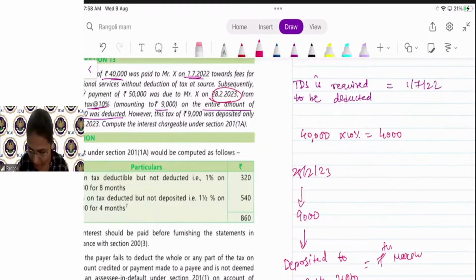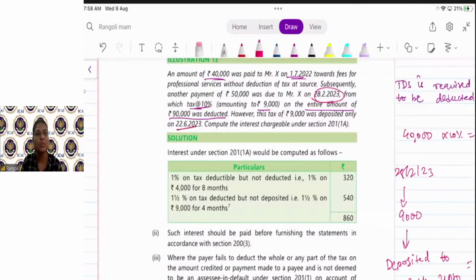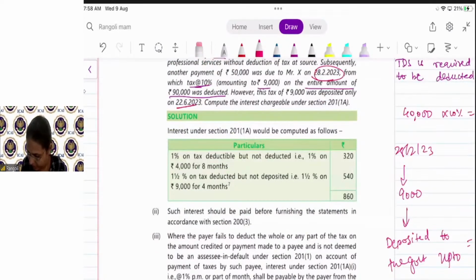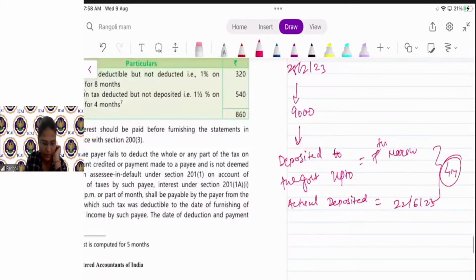But the same was deposited on 22nd June 23. So March, April, May, June. There is a late deposit of 4 months. Yes or no?